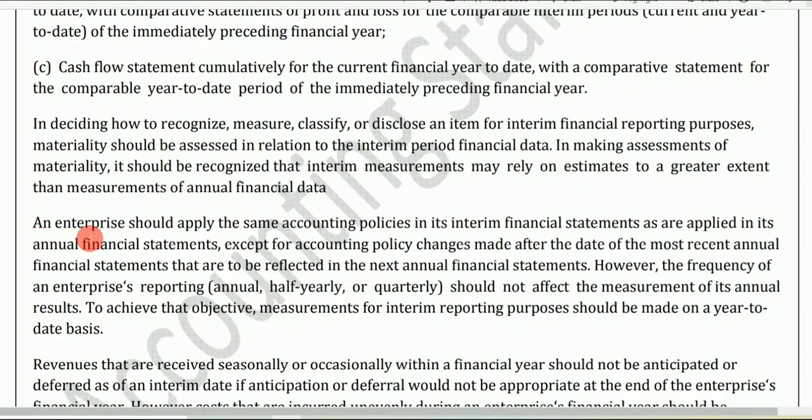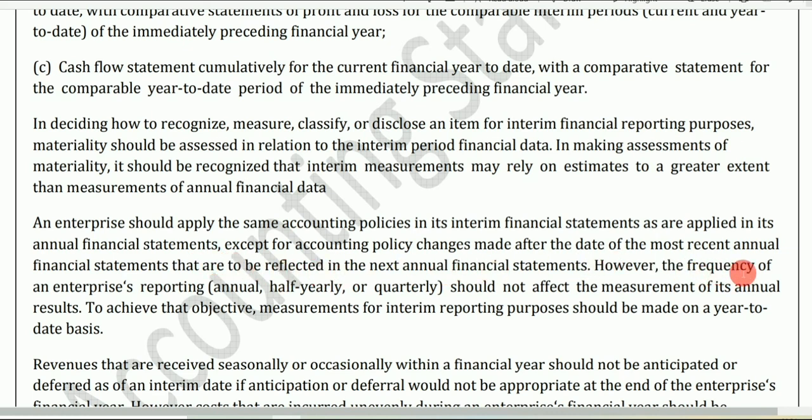An enterprise should apply the same accounting policies in its interim financial statements as are applied in its annual financial statements, except for accounting policy changes made after the date of the most recent annual financial statements that are to be reflected in the next annual financial statements.